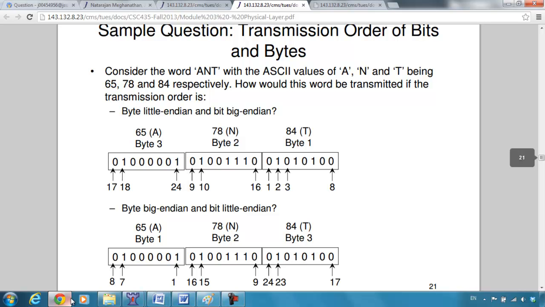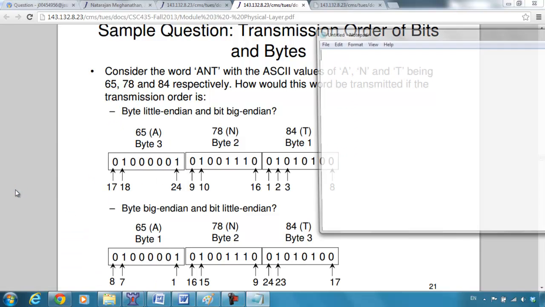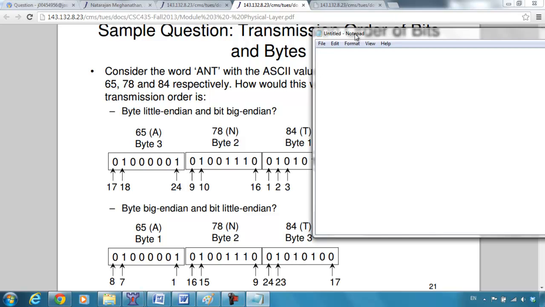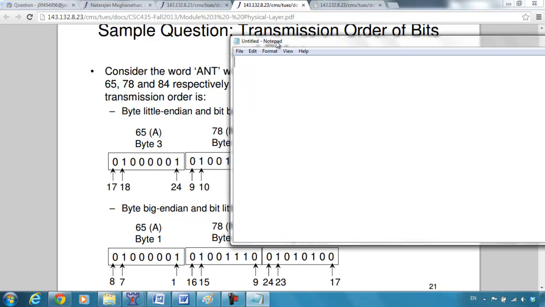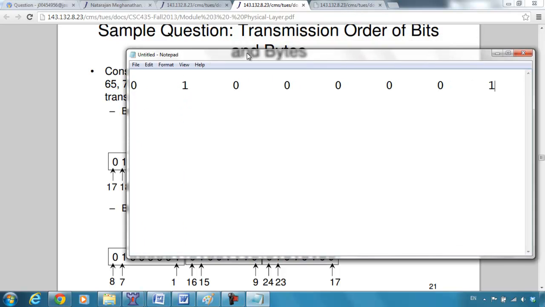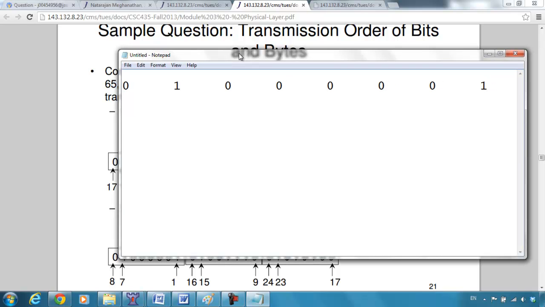Okay. So in a byte, if you write, for example, ASCII value 65 in binary, okay, so this is 65 in binary.